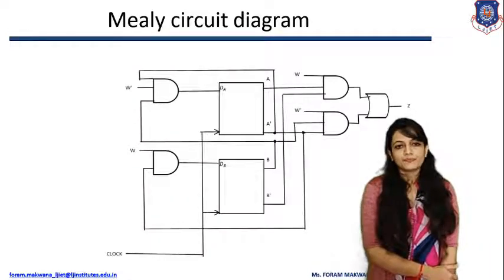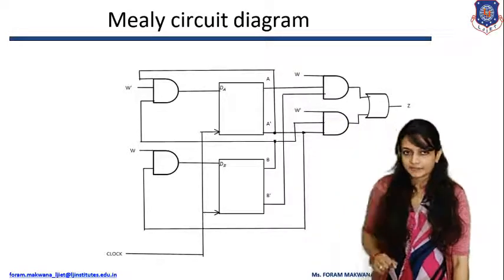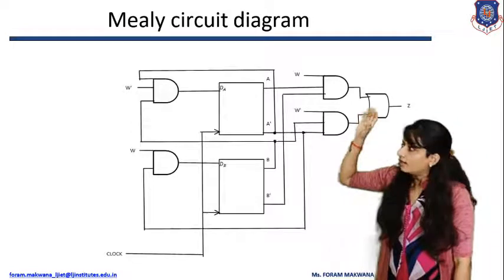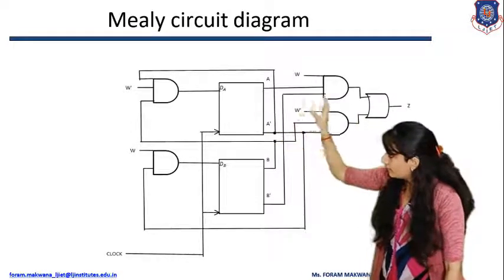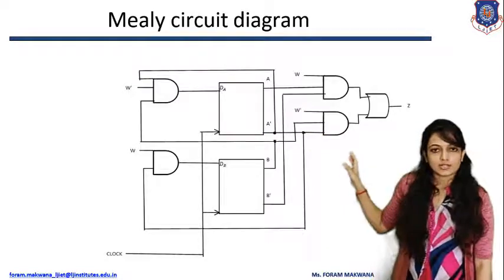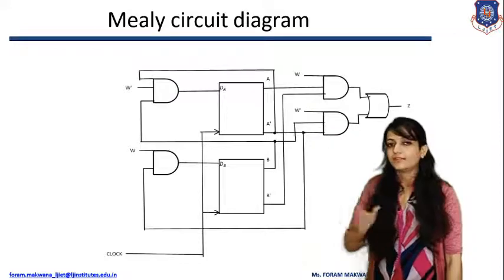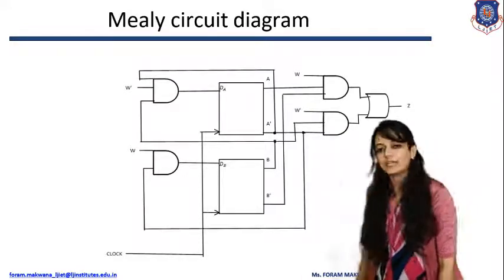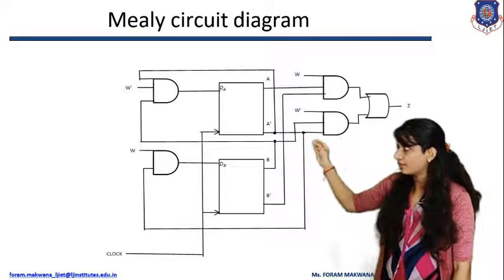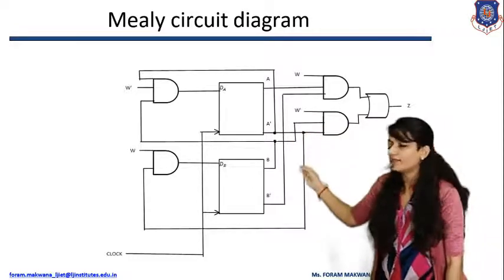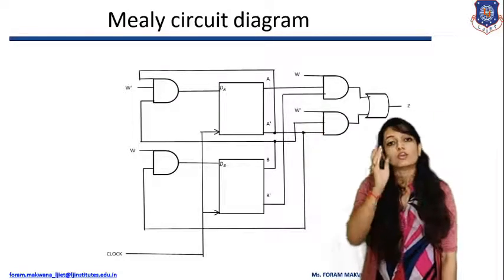Now, why have we used a D flip-flop over here? As we know, the generalized block diagram consists of a combinational circuit, a flip-flop and again a combinational circuit, in which the flip-flop that we can use is D. The reason is, whatever input we apply to the flip-flop, it will give the output based on the clock pulse.